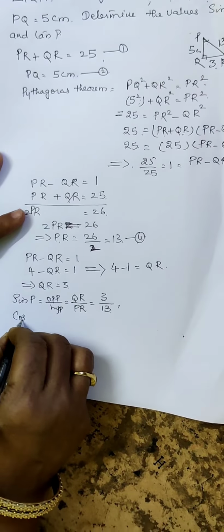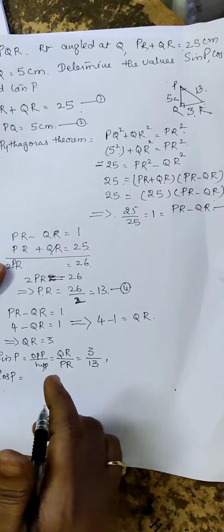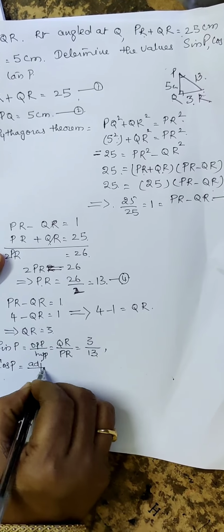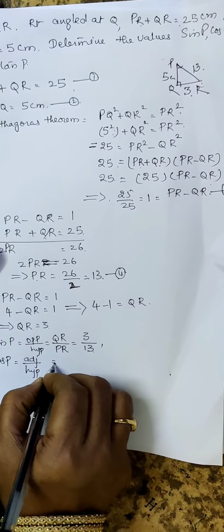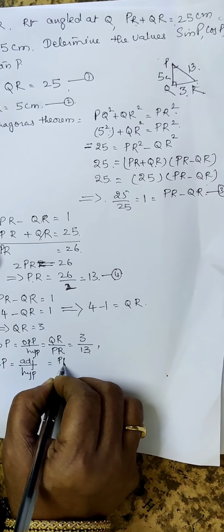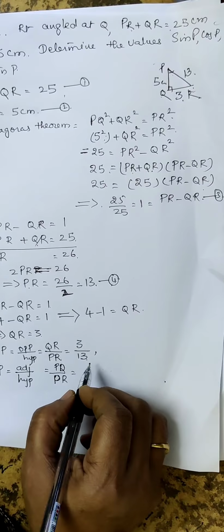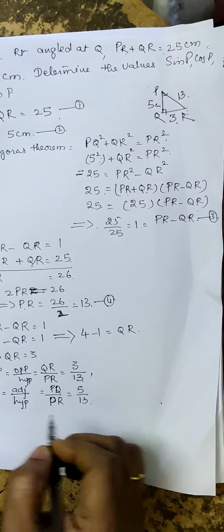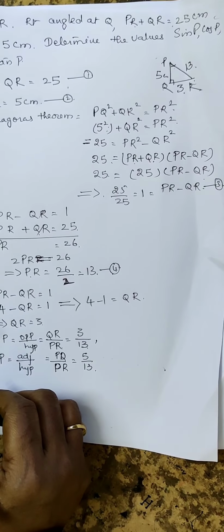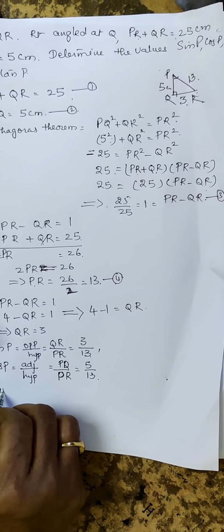Next, what is cos P? Cos P is equal to adjacent by hypotenuse. What is adjacent by hypotenuse? PQ by PR. PQ by PR means 5 by 13. Similarly, what is tan P? Now you tell me.